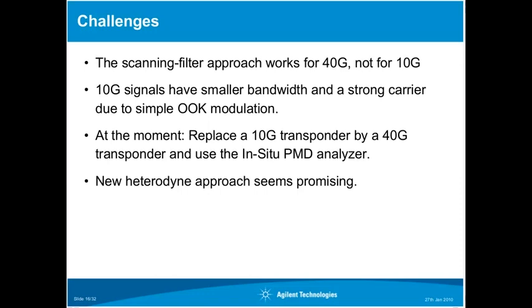But actually, the use case sometimes is really that your 10 gigabit link, you want to upgrade to 40 gigabit, but you have to measure with 10 gigabit. Or it would be helpful to measure with 10 gigabit because your 10 gigabit system is running at this moment. So this is why we are continuing working on this measurement principle, and we adopted some heterodyne approach, which has been published in the past.